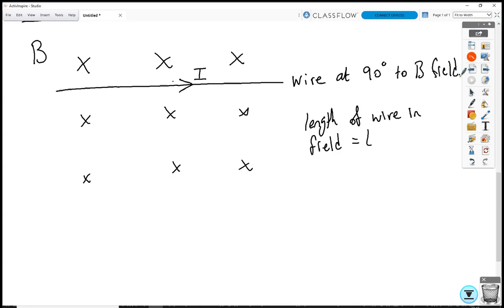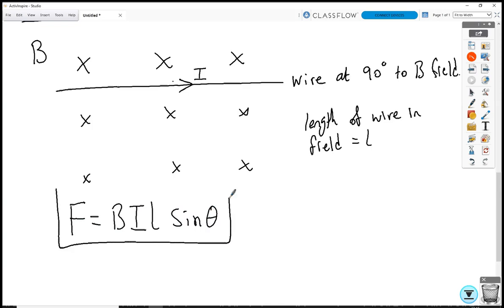So the equation that describes a force on this is F equals BIL sine theta. Put a box around that. If theta equals 90 degrees, then F is max.